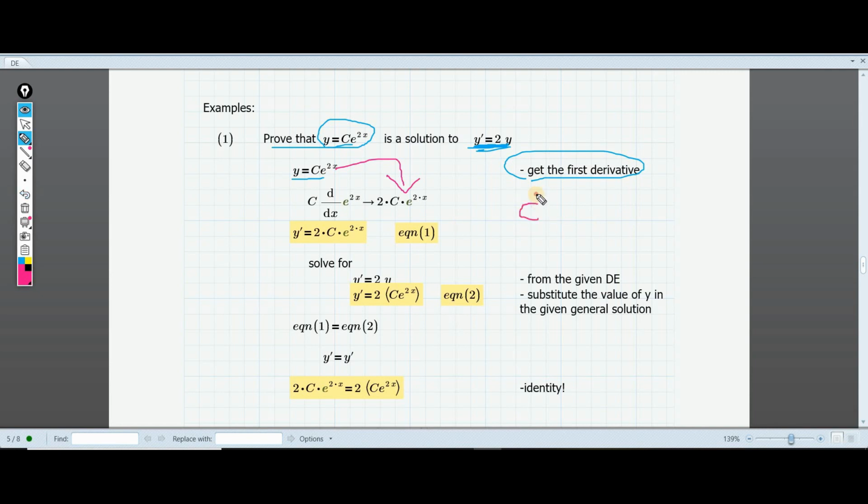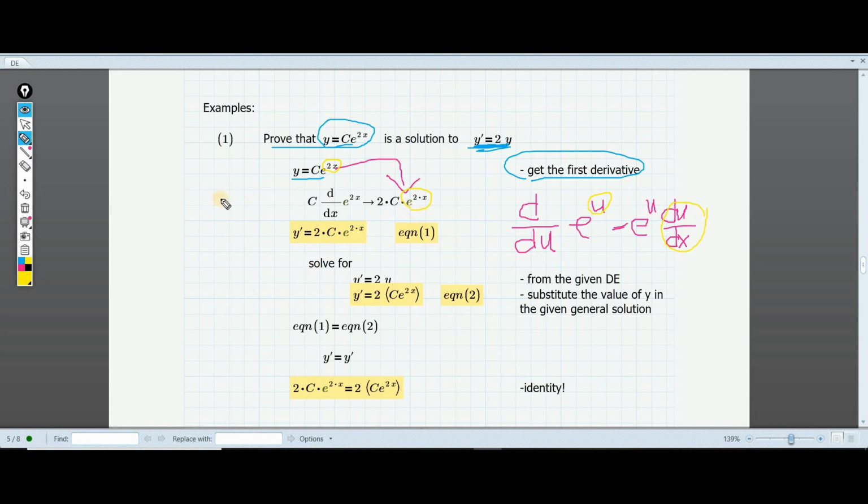Remember that the derivative of e to the u is equal to e to the u du over dx. Ayan. So, what is our u? Our u here is yung ating 2x. Ayan yung u. So, copy lang natin yan, no? E to the u. And then, what is our du dx?